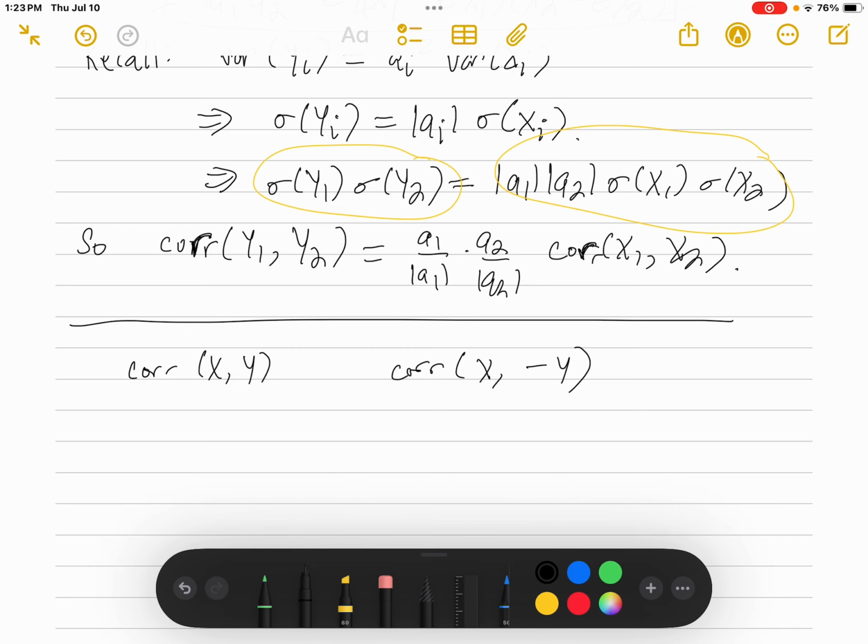So we see that the correlation of x and y is just negative the correlation of x and negative y. It doesn't matter where you put the negative sign. Negative correlation of x and y is equal to the correlation of x and negative y, which means that the correlation of x and y is negative correlation of x and negative y. That's an example.